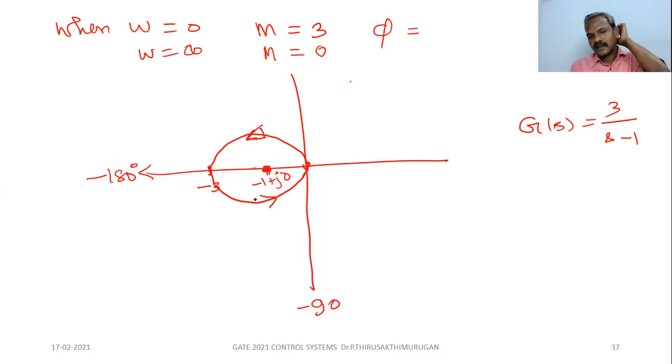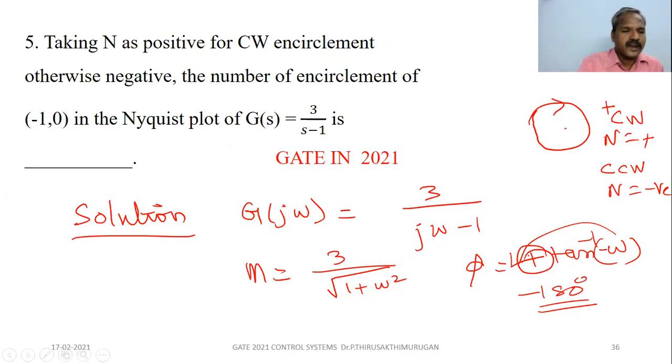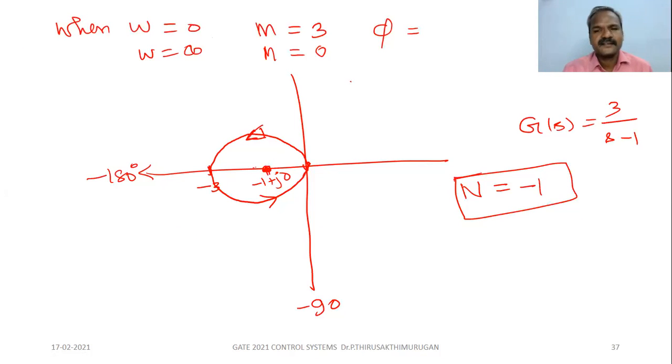It is counterclockwise, anti-clockwise. Clockwise is positive, anti-clockwise is negative, so n is minus 1. So the correct answer is n equal to minus 1. Understand, my dear student friends?